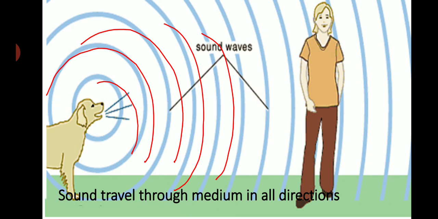Now students, suppose you are sitting in a room, and in another room a music system is playing. You can hear the sound from the music system in the room beside you. That means sound can travel in all directions.